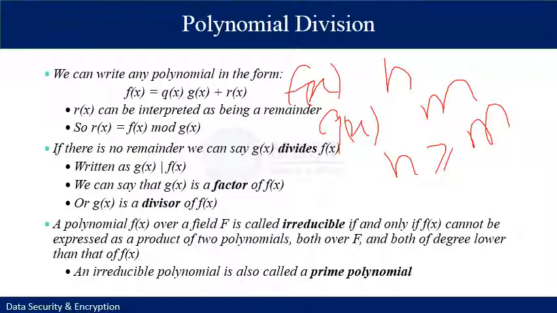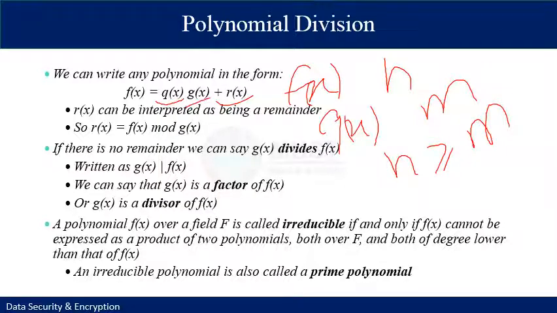If we divide f of x by g of x, we get a quotient named q of x, and then we get a remainder called r of x.